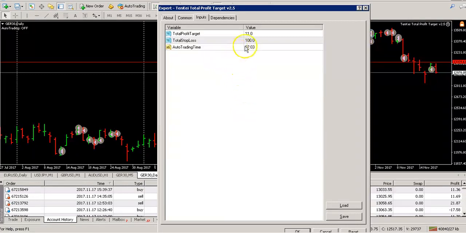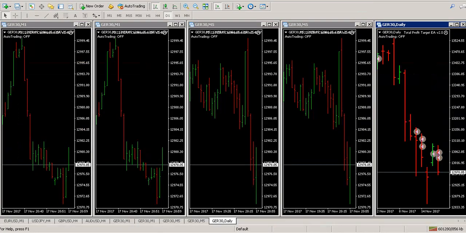Now, I'm going to jump around just a little bit. Watch this. Over here, this is something I prepared earlier. You could have as many charts like this as you want open, but you can only have one TPT open. If you have all of these charts trading for you, looking for trades, what if they all go the wrong way?